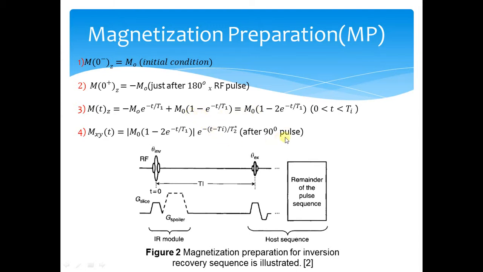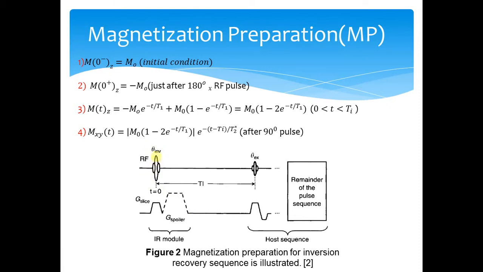Then, when we use a 90-degree RF pulse, the vector falls down into the XY plane and decays with T2 star and T1 like that. We can show these equations in this figure.